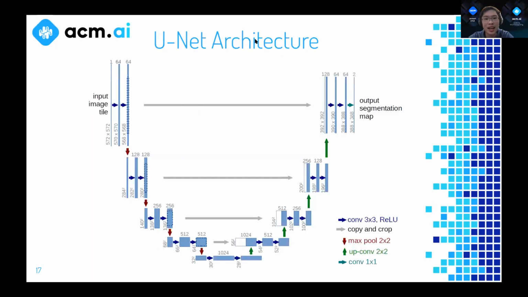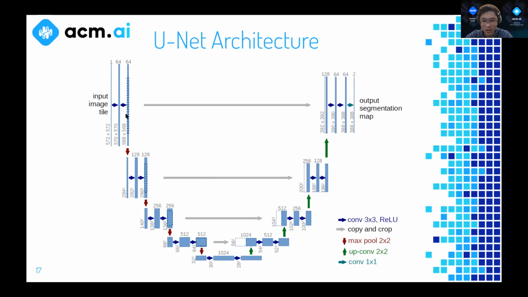The next CNN architecture that we'll briefly talk about here is the UNet. As the name suggests, the UNet looks like a U, which is a nice way to remember it by. The task that the UNet does here is called semantic segmentation, which is different from classification, which is what we're used to.